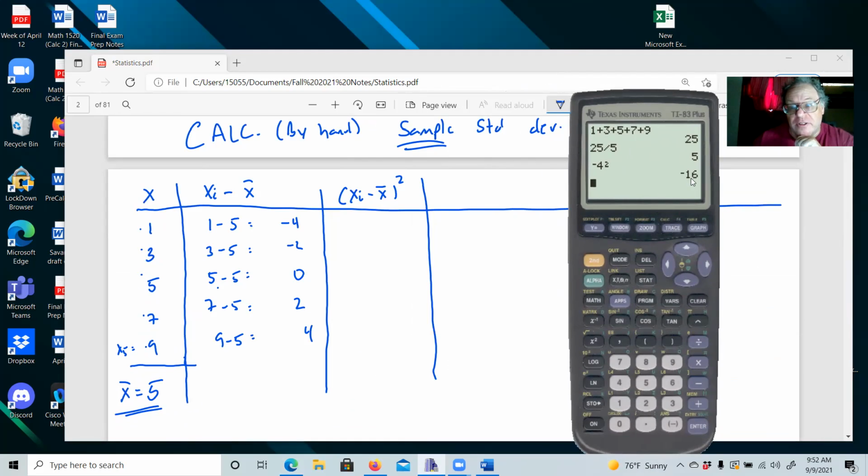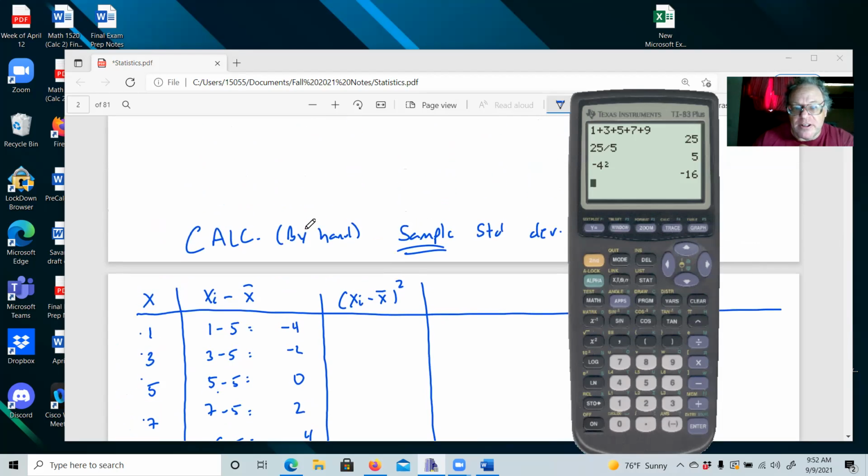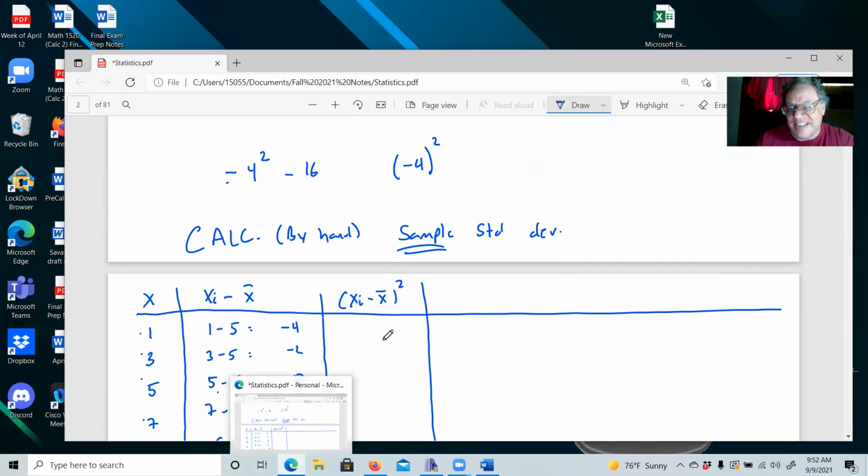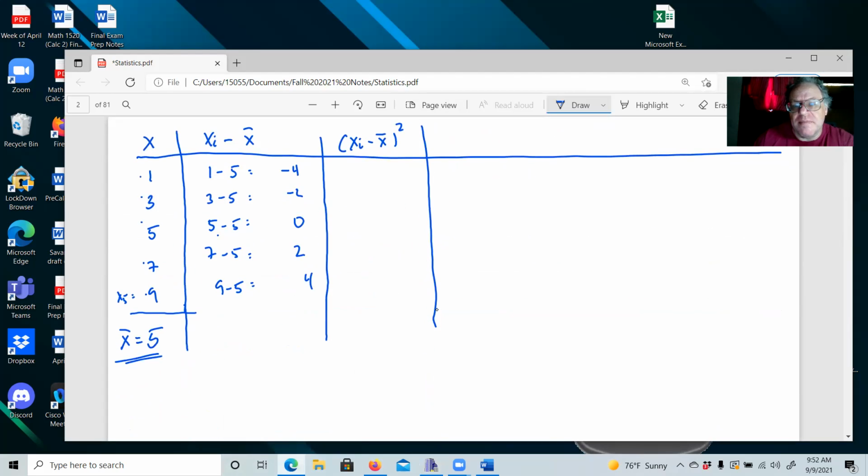You were smarter than the calculator. What the calculator thinks you meant was take 4 squared and it does order of operations. Exponents come before multiplication, so it squares the 4 and then adds the negative sign in. What you meant was parentheses minus 4 parentheses squared. But we know what negative 4 squared is. It's 16. So we're just going to write that down.